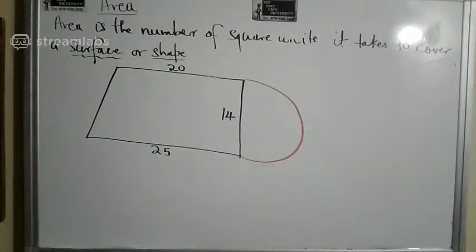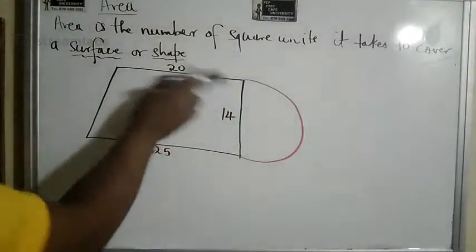Now, what we have to do is examine the two shapes, or if it's three shapes, we examine the type of shape. After we examine the type of shape, we calculate each separately and then we add the total, and that will be the total area.